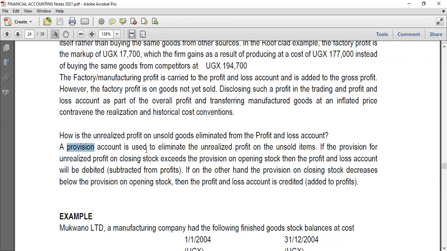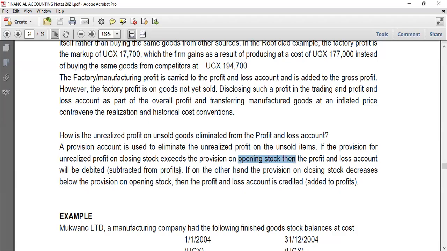If the provision for unrealized profit on closing stock exceeds the provision on opening stock, then the profit and loss account should be debited. Okay, and that means we should subtract this from the profits. Basically, we should recognize it as an expense, because like you've seen, the provision for unrealized profits on your closing stock is higher than that you had on opening stock.